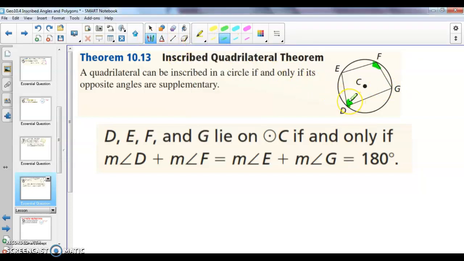In other words, angle D and angle F must be supplementary, and E and G must also be supplementary.